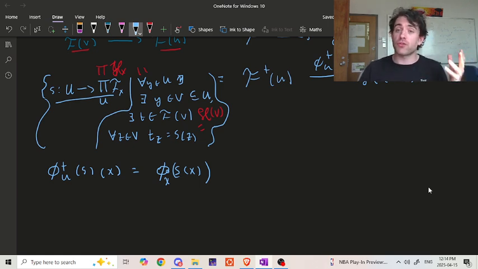But in order to verify that this really does land in H plus of U, I need to verify this defining condition here.